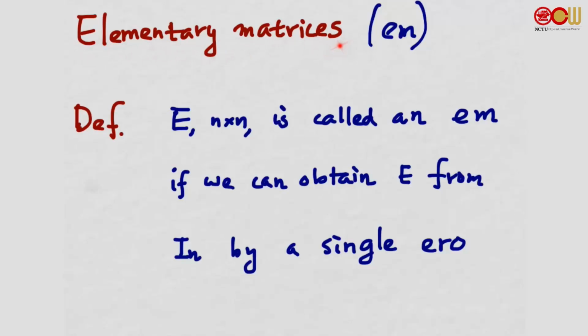Elementary matrices. We will be writing these two words a lot, so we will use the abbreviation EM. Definition of EM. An E matrix, a square matrix, n by n, we call E an elementary matrix if we can obtain E from the identity I_n by a single elementary row operation, ERO.